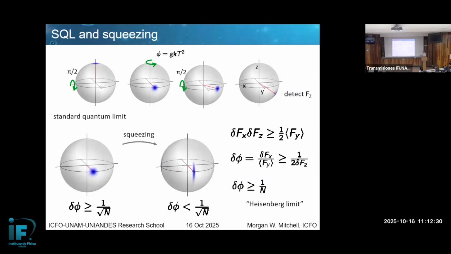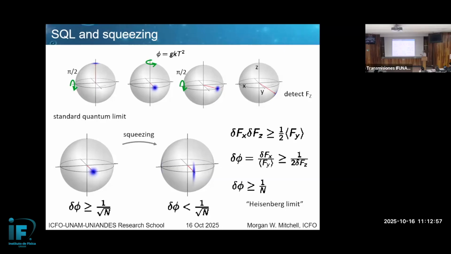Okay, and then you can see how far that could possibly go. If I take the phase uncertainty relation, and I substitute this delta Fx, delta Fz for the average of Fy, then I get that delta phi has to be at least as large as this.